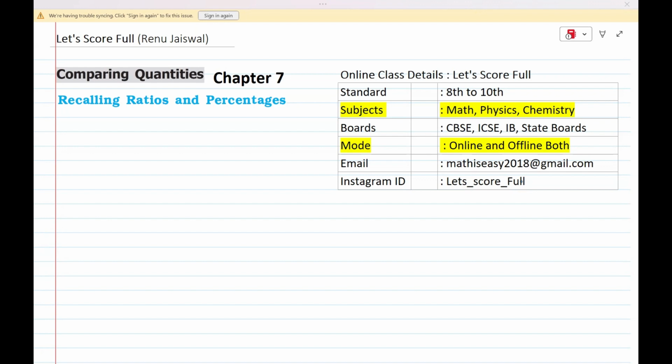Suppose a person A has two types of fruits, that is apples and oranges. He has 20 apples and 5 oranges. Now, if I want to find out the ratio of these two, there can be two types of ratio.